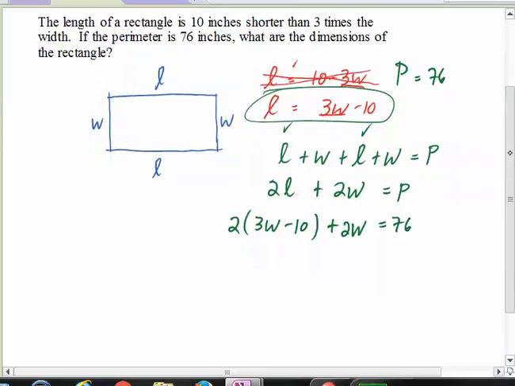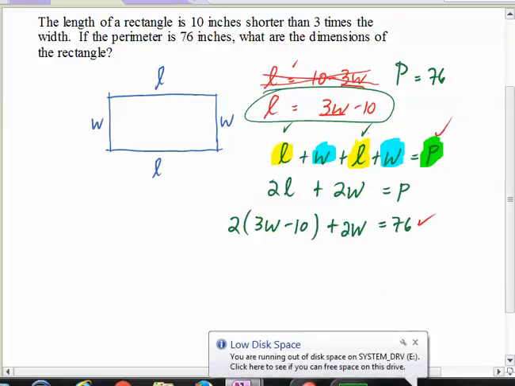So let's take a look at this. I started out with 3 different variables, L, W, and P. Now, you know from your Algebra 1 studies that if I have 3 different variables, I'm going to need 3 equations to solve. They're not requiring me to have 3 equations because they're giving me enough information to substitute. We're substituting the 76 for the P, and I'm substituting 3W minus 10 for the L's.